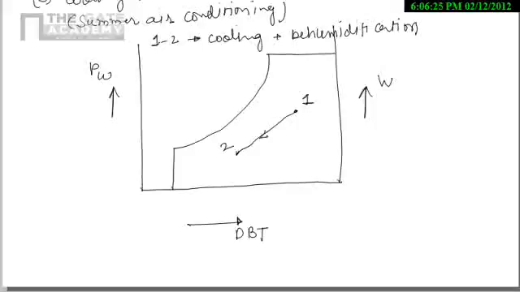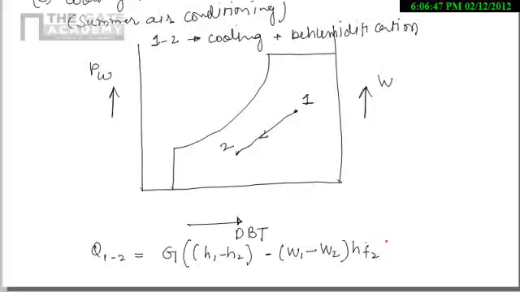For this process, we can easily calculate the heat load. So I will calculate Q12, that is the heat load: Q12 = G[(H1 minus H2) minus (W1 minus W2) HF2]. Here H1 and H2 are the enthalpy of the mixture at points 1 and 2, G is the mass of dry air and W is the specific humidity.